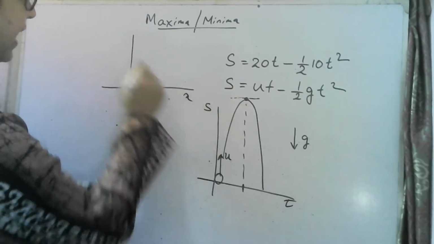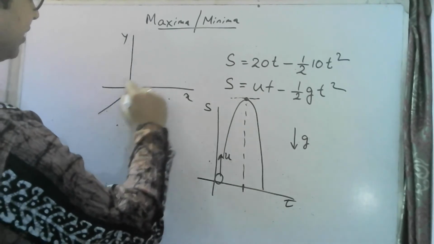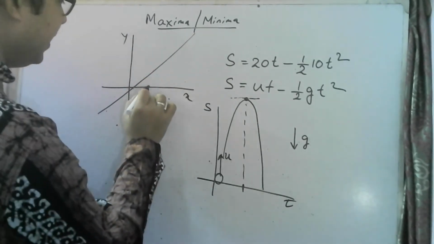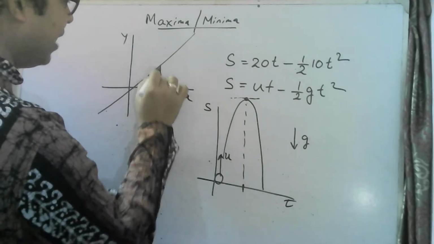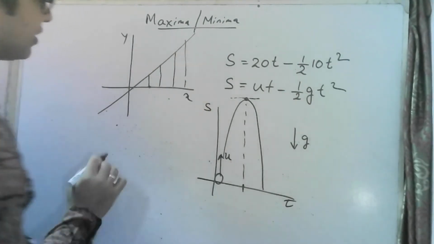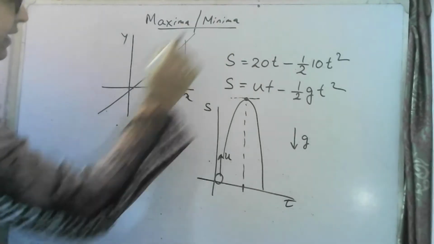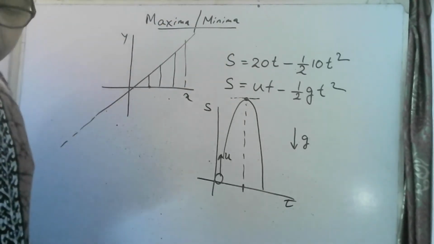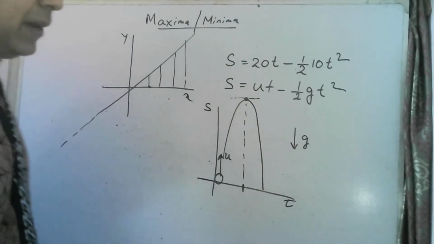If this is x and this is y, here no maxima or minima is possible, because for every point of x, the y value is continuously increasing. This is called monotonically increasing or monotonically decreasing. In this type of curve, you may not get a maximum or minimum.